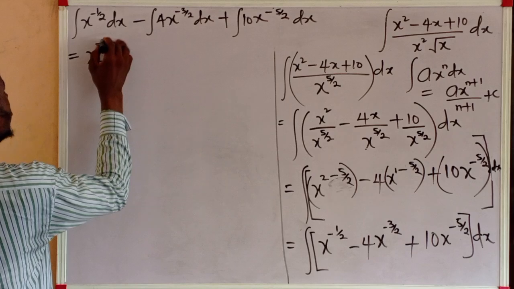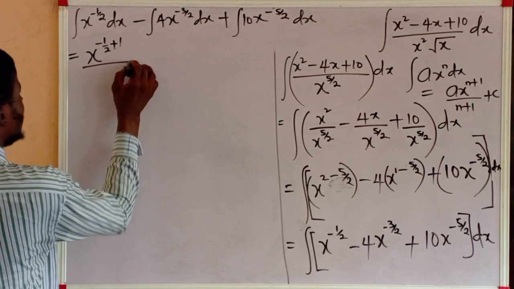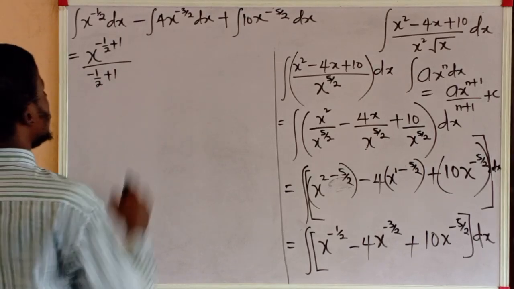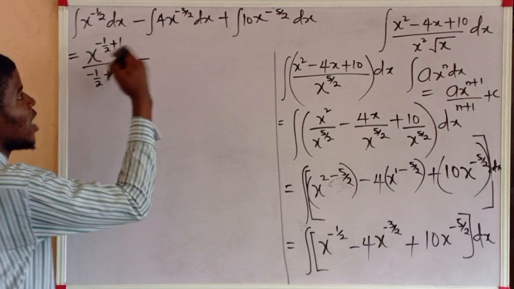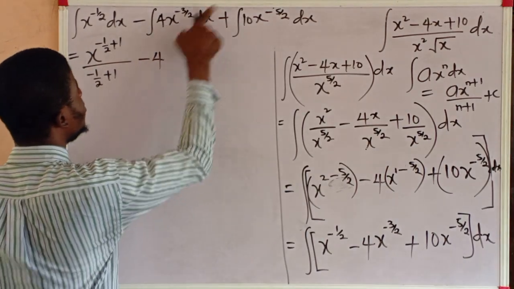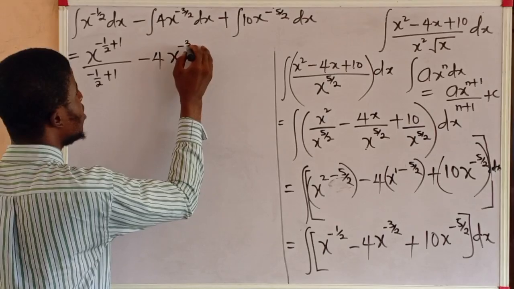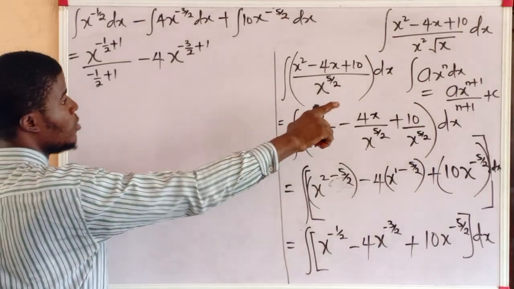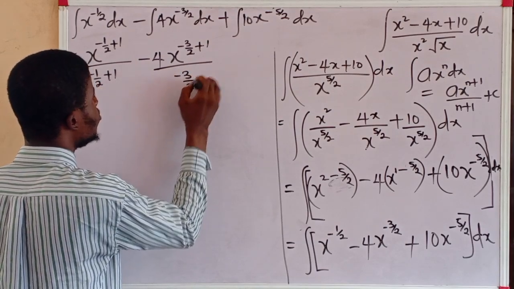So in this case now, if I'm integrating this with respect to x, it will be x to the power of minus 1 over 2 plus 1 divided by minus 1 over 2 plus 1. Minus, 4 is a constant, so 4 can be brought out. Let's integrate this now. That will be x to the power of minus 3 over 2 plus 1, divided by minus 3 all over 2 plus 1.